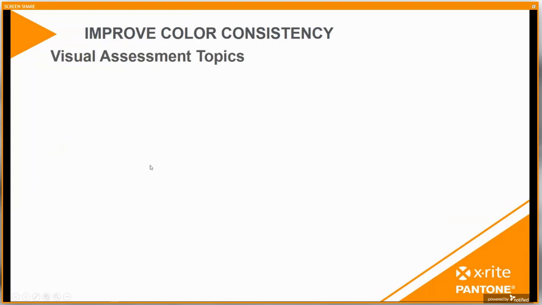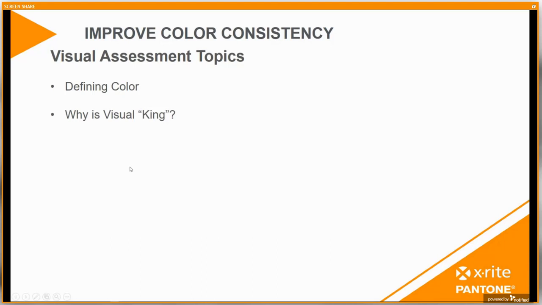To do that, we're going to start with a quick definition of color. We all have been looking at color our entire lives, but it's important for us to understand how color works because that has impact on how we do assessment. Then we're going to talk about why visual is king. Why does visual ultimately matter the most?